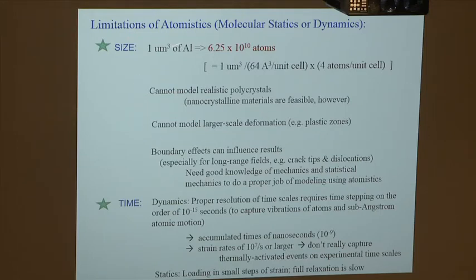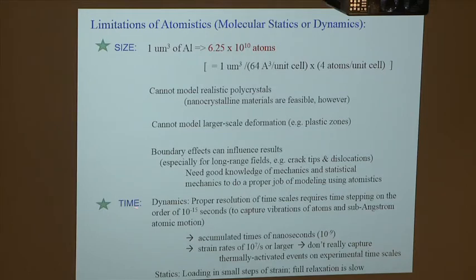So we really have to get away from atomistics. We can't model plastic zones. Plastic zones are 10, 100 microns, maybe even larger. We can't possibly capture all that atomistically. And then we still have to worry about boundary conditions because the systems can still be small.